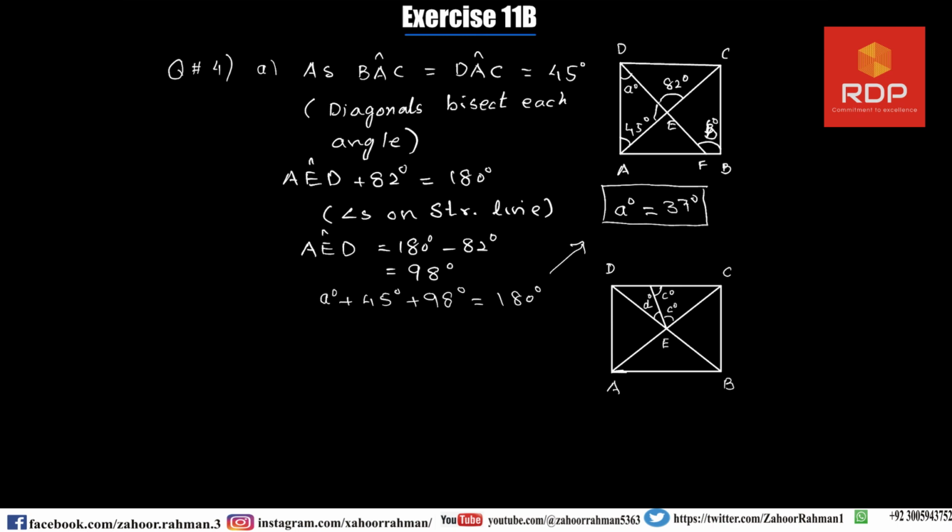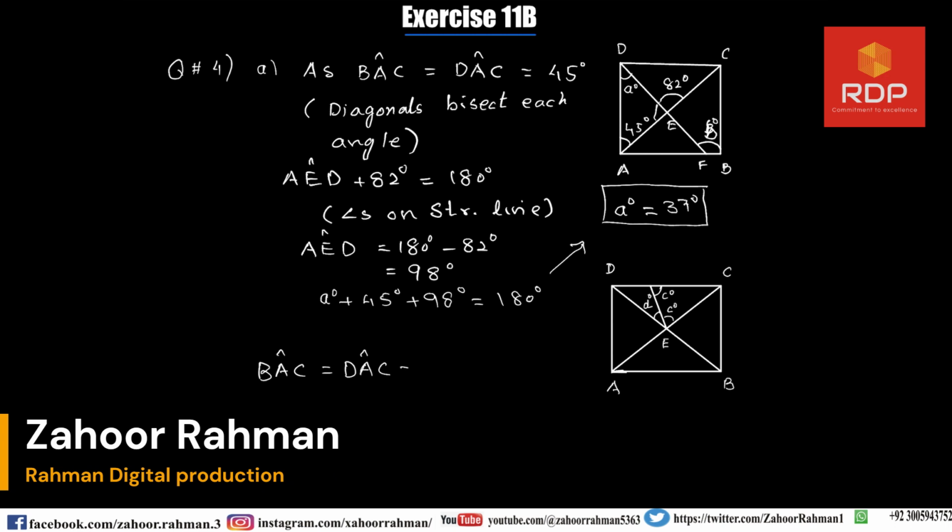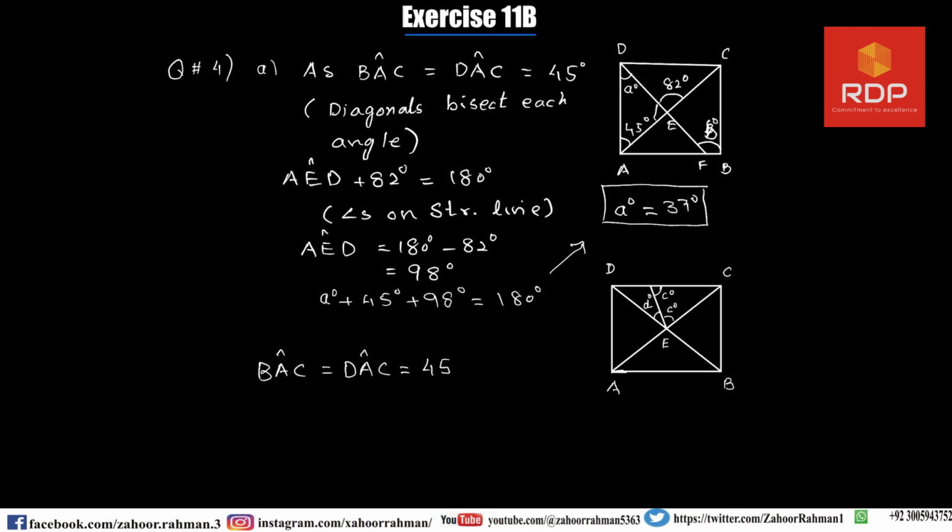We are writing that BAC is equal to another angle, DAC, and both are equal to 45 degrees. We learned that the diagonals bisect the angles. Now we got this angle to be 45.